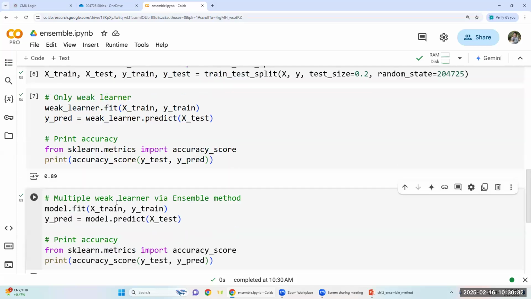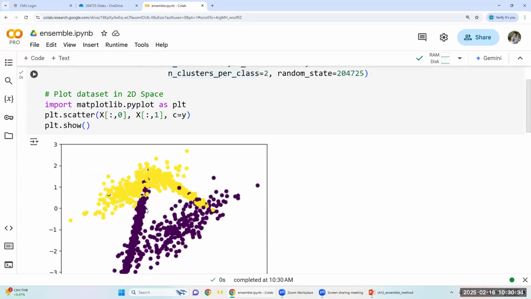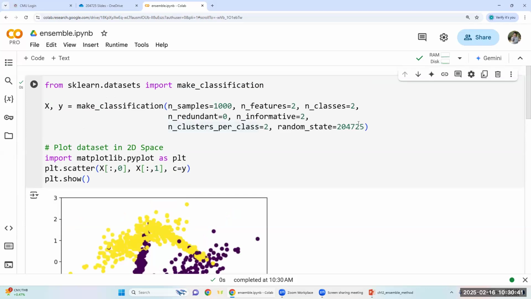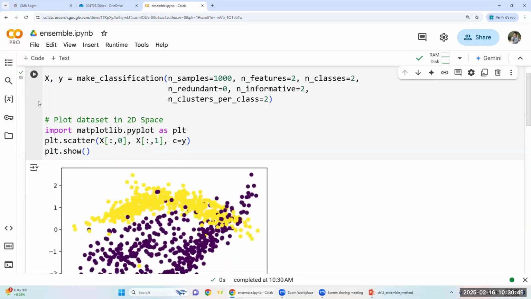So perhaps for this type of data set, maybe we create a more interesting one with a different random state. If I don't use a random state, it's going to generate a different data set every time.